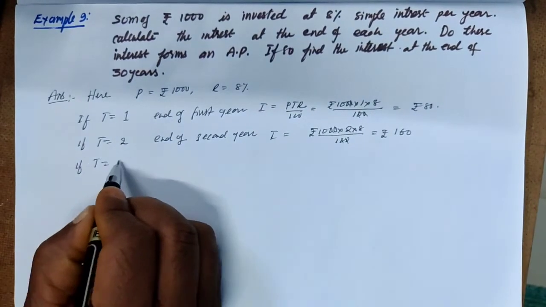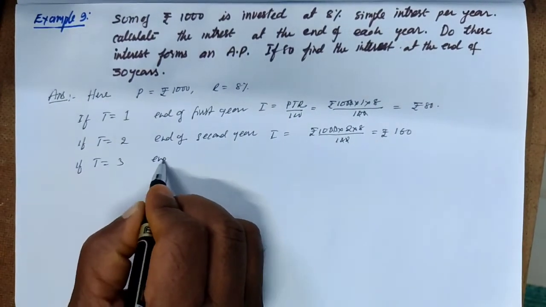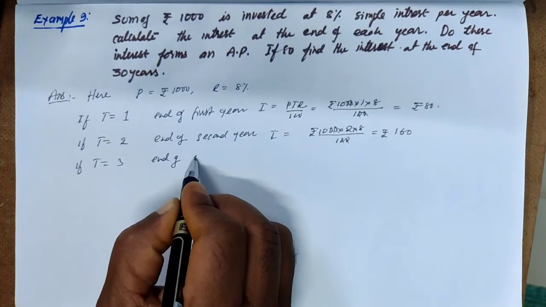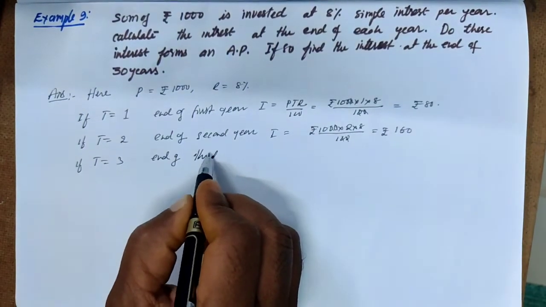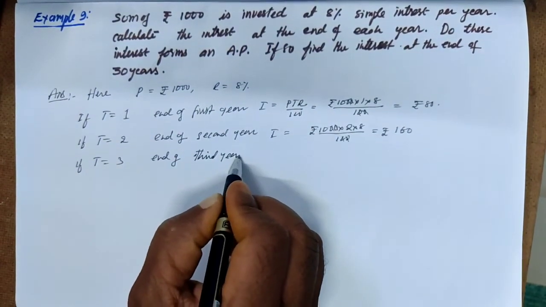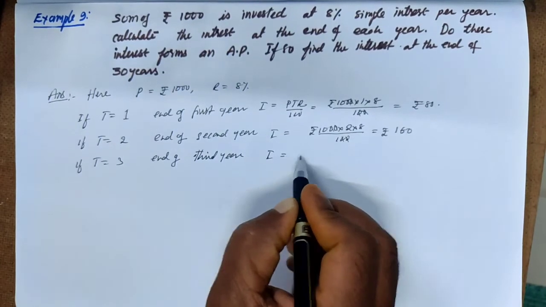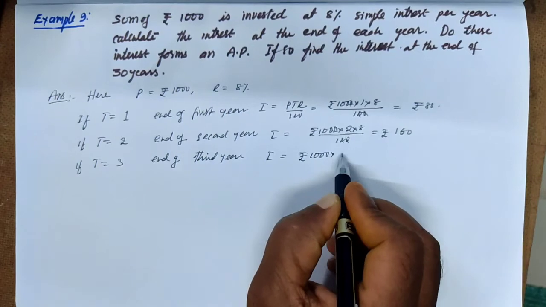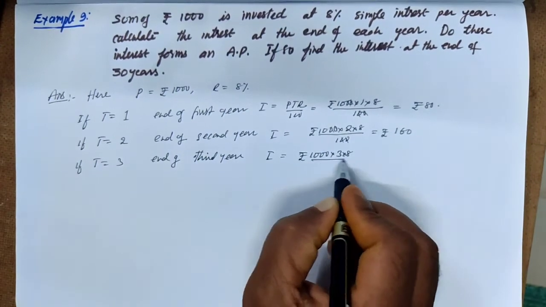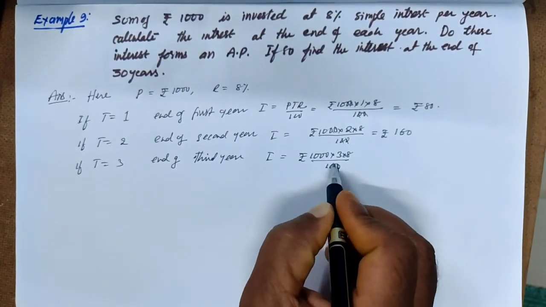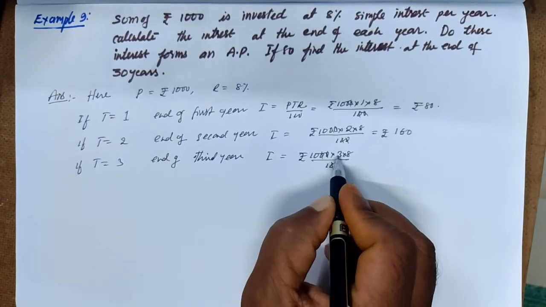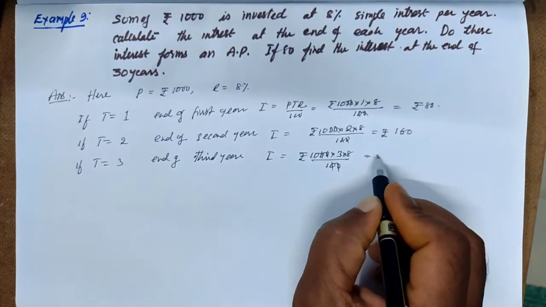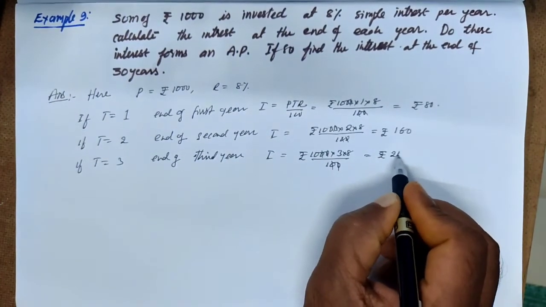If T is equal to 3, that is the end of the third year, the interest is equal to rupees 1000 into 3 into 8 by 100, 10 into 3 is 30, 30 into 8 is 240 rupees.